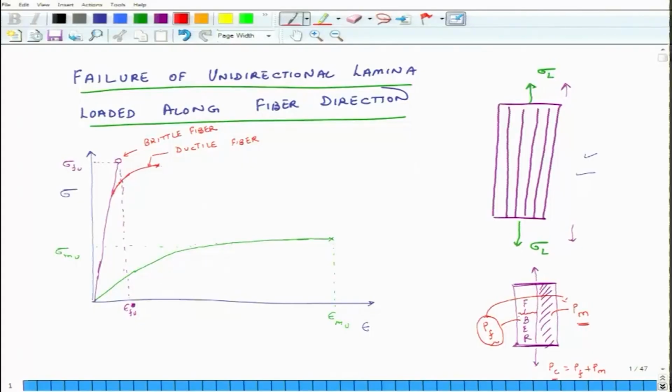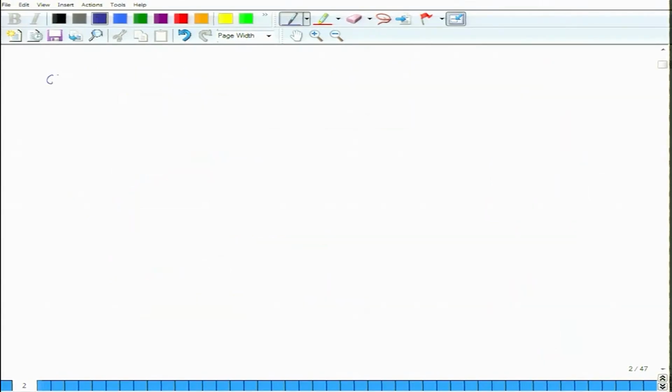Now we will develop the relation for both these scenarios. The first one is case A. What is the situation in this case?